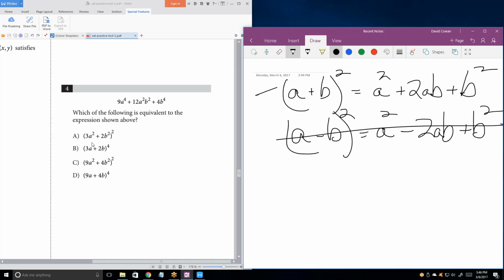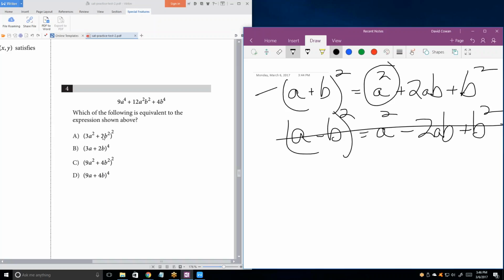So immediately you know that it has to be either A or B. And in fact, has to be A just from that information alone. Because A produces 9a to the 4th, which is that term, but B actually produces 81a to the 4th. Notice that with B, you would have to take 3a to the 4th power. So there's no way you're going to get 9a to the 4th. You'd get 81 to the 4th.